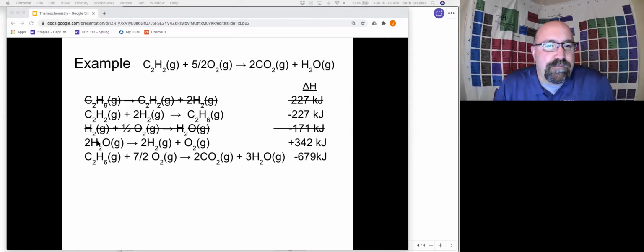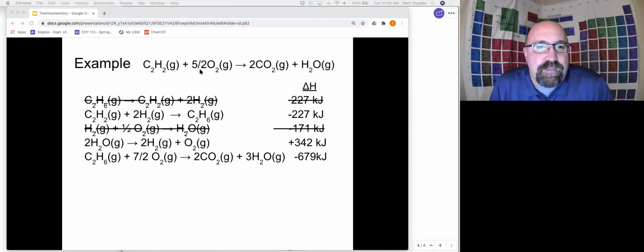What we've done now is flipped this equation so that we end up with 1 O2, because now we can take our 1 O2 here on our product side and our 7/2 O2, and that would get us to our 5/2 of O2 that we need here.